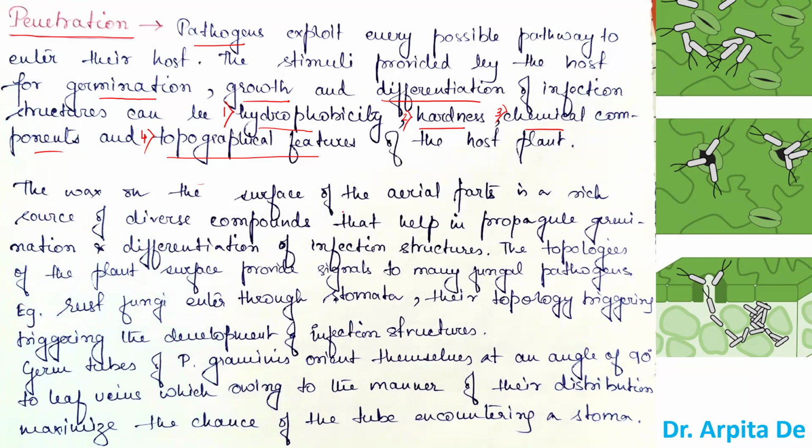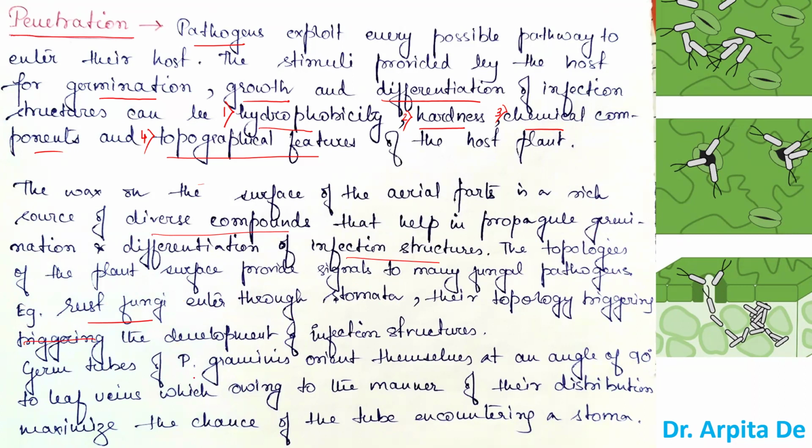The wax on the surface of the aerial parts is a rich source of diverse compounds that help in propagule germination and differentiation of infection structures. The topologies of the plant surface provide signals to many fungal pathogens, like the rust fungi that enter through the stomata, their topology triggering the development of infection structures.